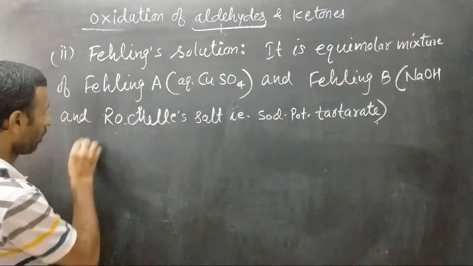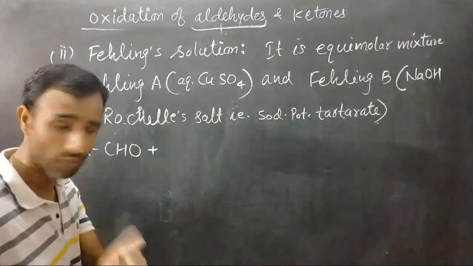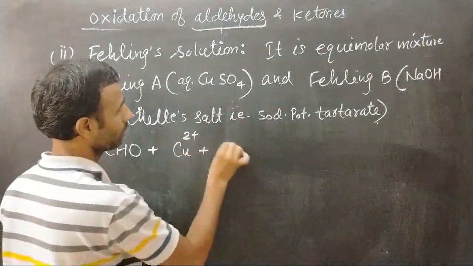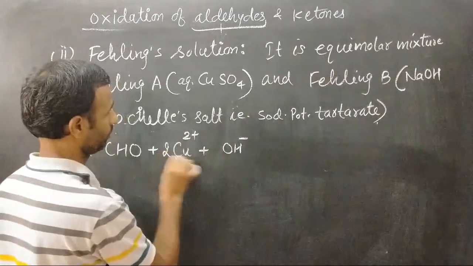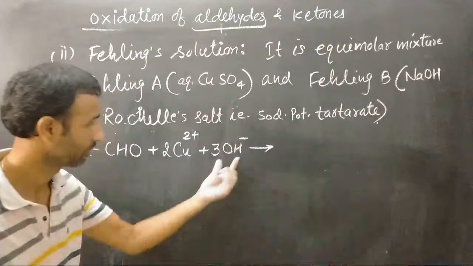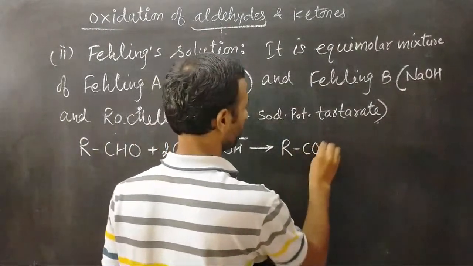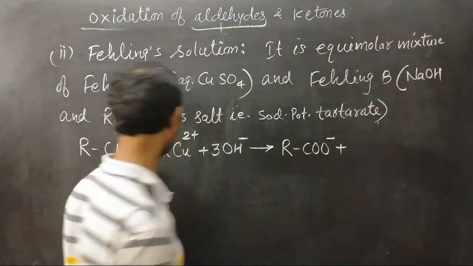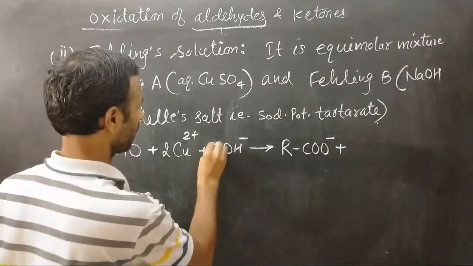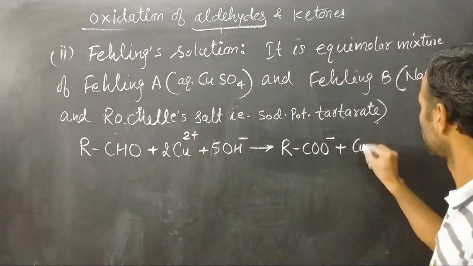So only aliphatic aldehydes, when they react with copper in basic medium, give RCOO negative. With 5OH negative, we get RCOO negative along with Cu2O.